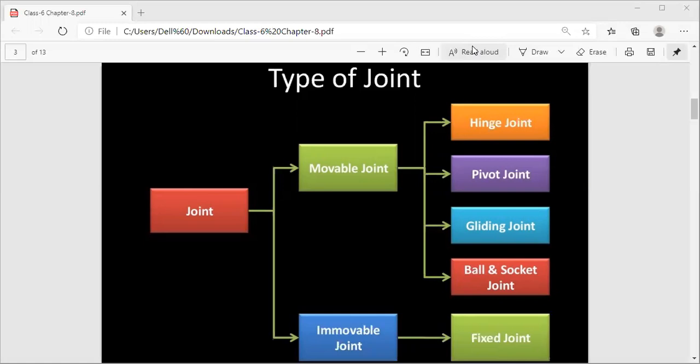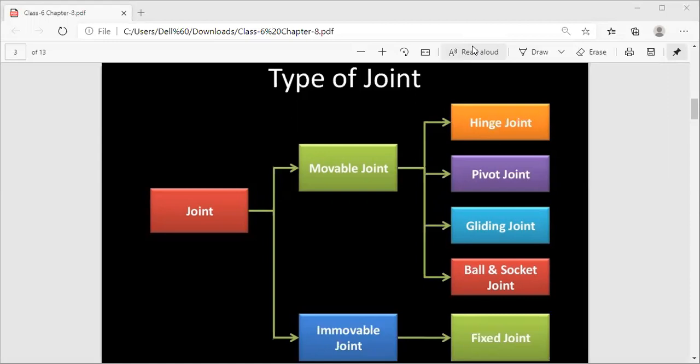So here is a web chart. I have divided joints into two parts, that is movable joints and immovable joints. Movable joints are further divided into four types of joints.